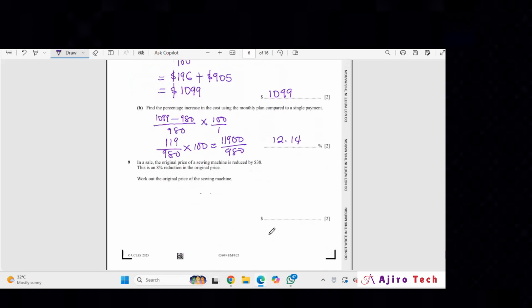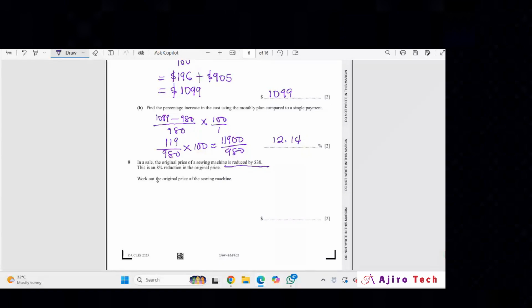Now the next question. It says in a sale, the original price of a sewing machine is reduced. Listen to this. It is reduced by 38 dollars.